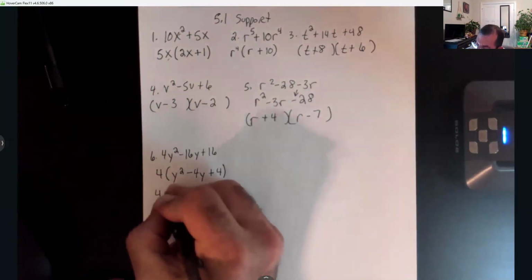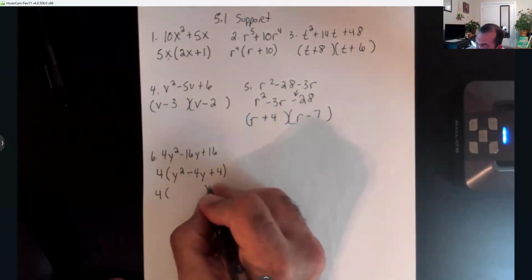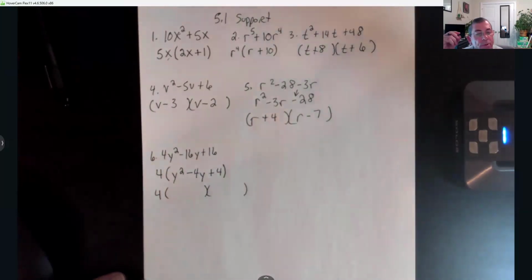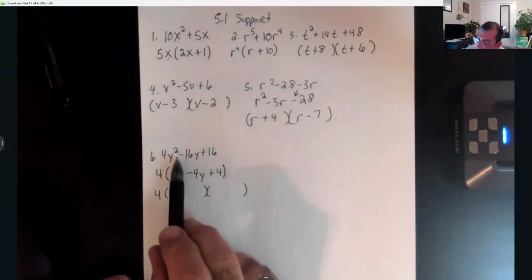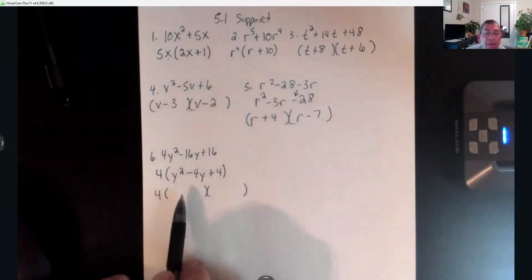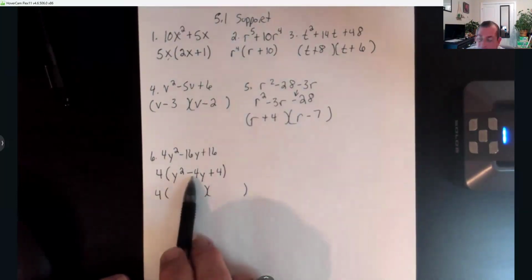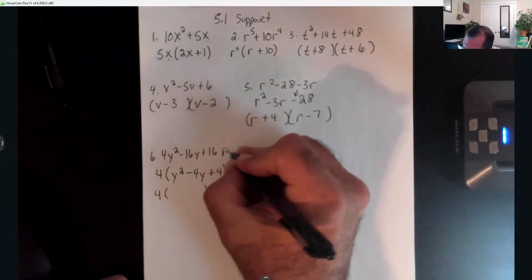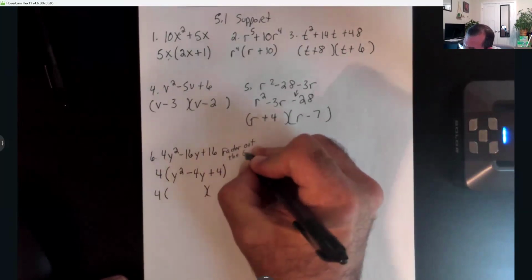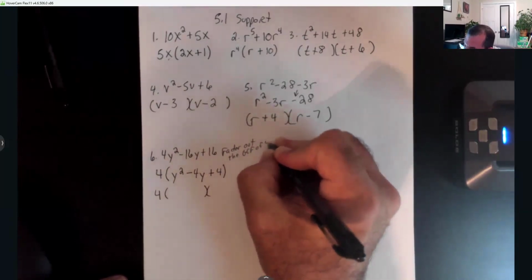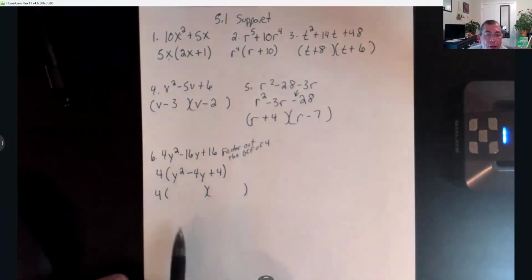So bring the 4 down. This one's almost a two-step factoring, okay? Factor out the GCF, then factor this. So y'all, that's the first step I did, factor out the GCF of 4.